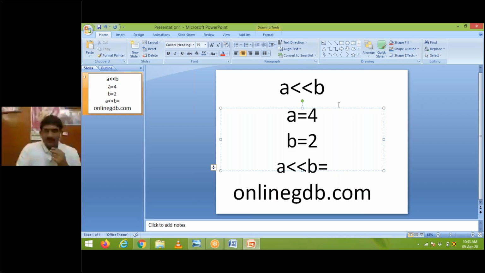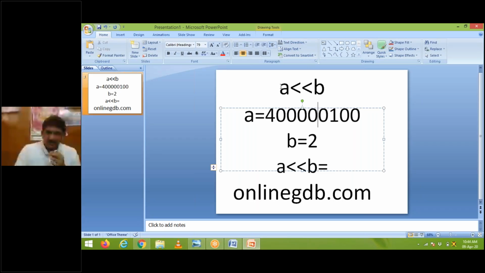So now the A value is 4. To perform the left shift operation, first everyone should note down the binary value of 4. The value of 4 is 0100, but you have to take an 8-digit number.